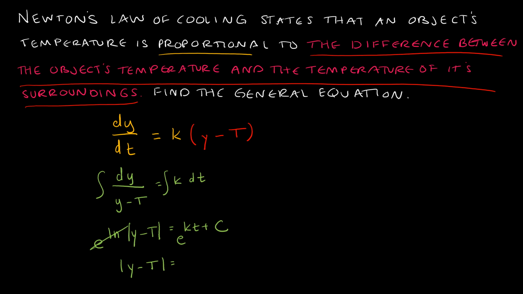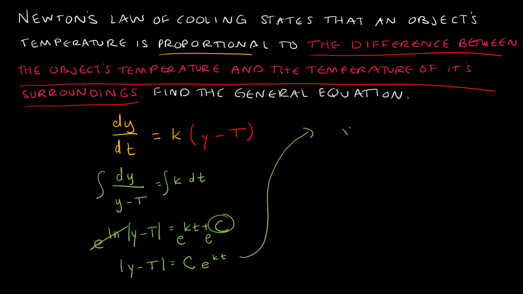On the right side, I'm going to go ahead and just do my magic c here, because this is e to the c. So e to the c is going to be c, and then e to the kt. And again, we don't have to worry about the plus or minus because c is just some constant.